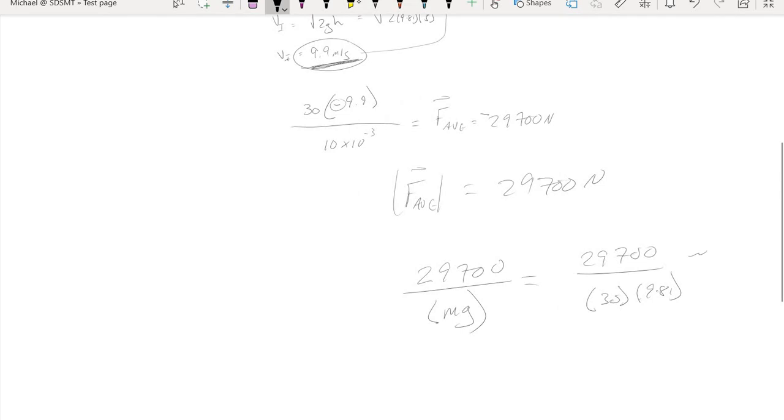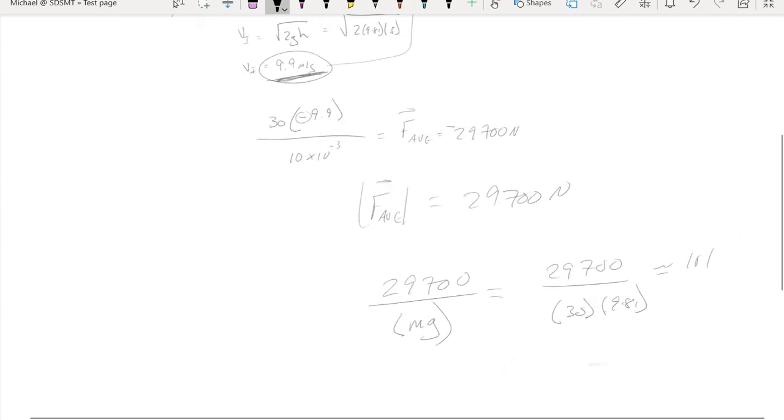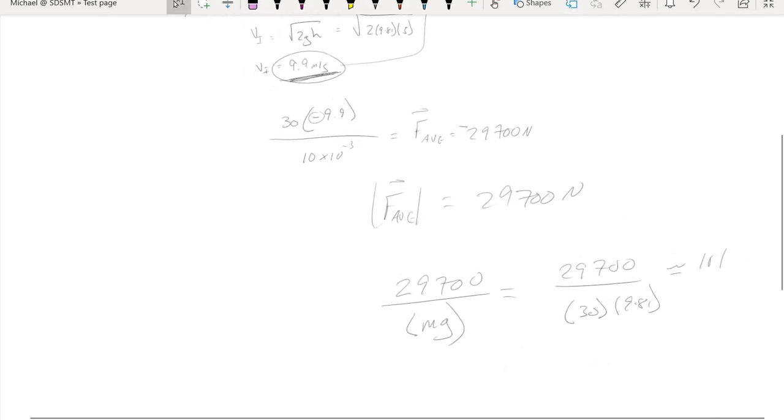All right, so this is coming out to be approximately 101 times greater. So when this child jumps down to the ground and they lock their knees for that 10 milliseconds, the child experiences a force that is just over 100 times greater than what they experience for their weight.